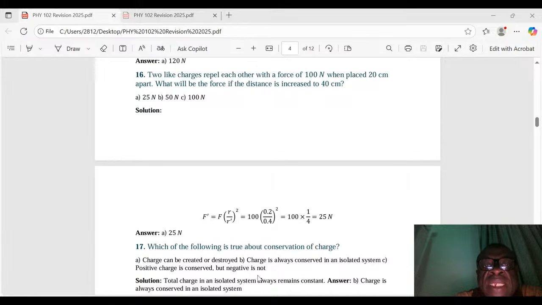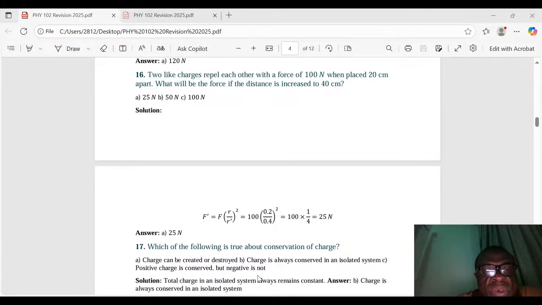The initial distance was 20, and it is increased by 40 cm. Remember, these distances are given in cm, so we need to convert to meters. You know how to do this, converting from cm to meters, you divide. The formula is F prime equal to F all over R prime, and by the time you do that, you have 25 Newtons.